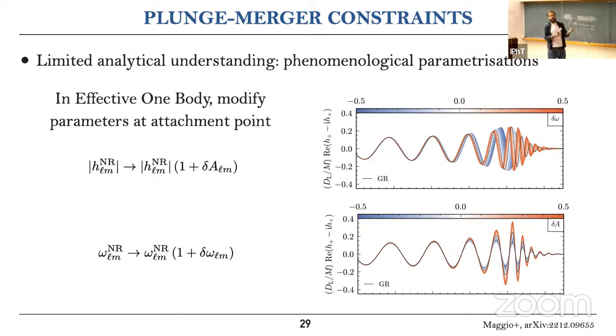I'm just taking the point prediction here and trying to see how much the data can deviate from that, and then you get some constraints on these deviation parameters. This is interesting. It's just a null test, essentially, but it doesn't teach you a lot for the moment, just because we don't have a good analytical understanding in GR of this phase.